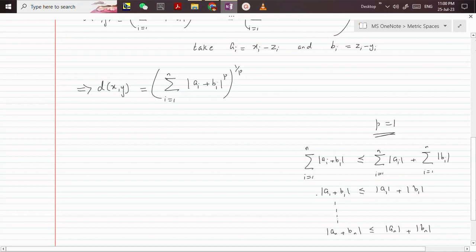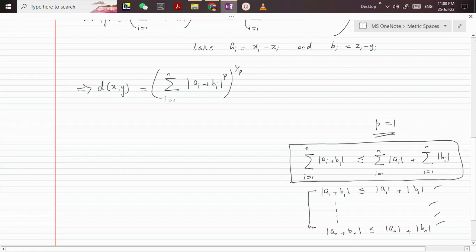So when we sum all the left hand sides and right hand sides of these n inequalities, we get the answer in this way. So for p equals 1, the inequality is satisfied.